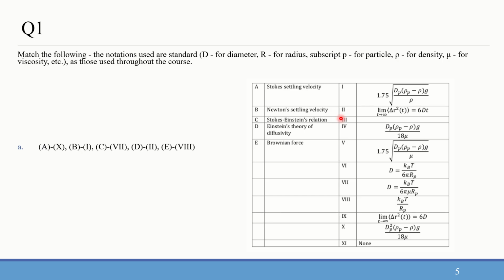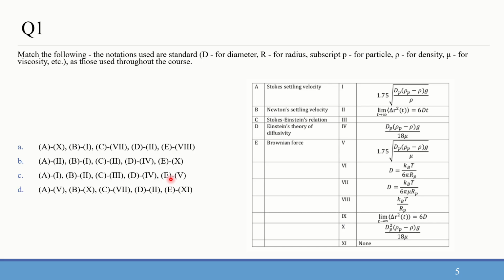Option A: A 10, B 1, C 7, D 2, E 8. Option B: A 2, B 1, C 2, D 4, E 10. Option C: A 1, B 2, C 3, D 4, E 5. And option D: A 5, B 10, C 7, D 2, E 11.